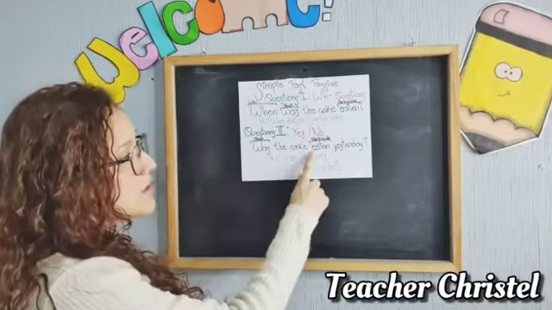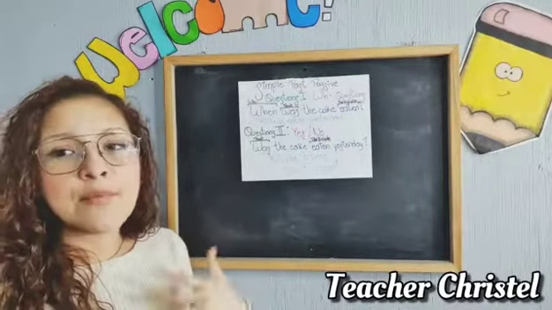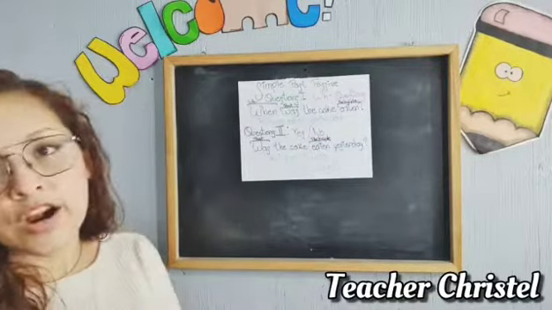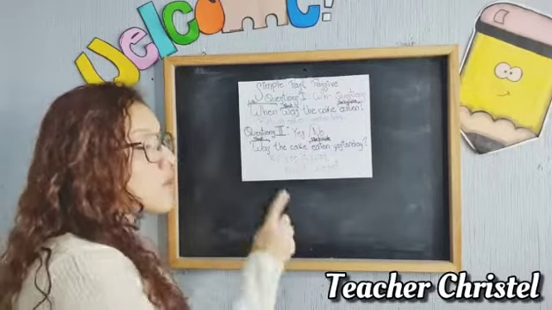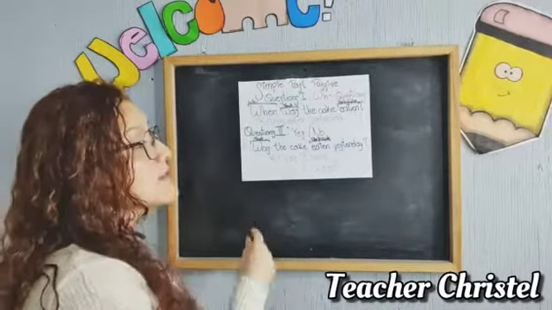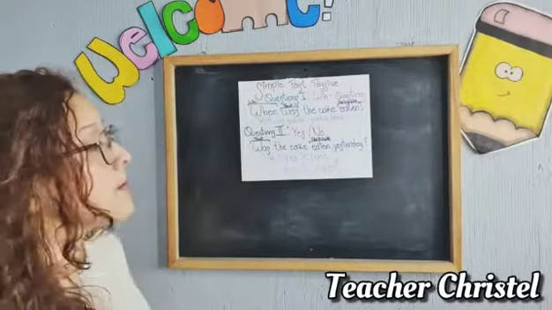Was the cake eaten yesterday? I am asking if it is true or false, yes or no. So, was the cake eaten yesterday? Yes, it was, or no, it wasn't. In this case, the correct answer will be yes, it was. Why? Because I said that here at the beginning, okay?